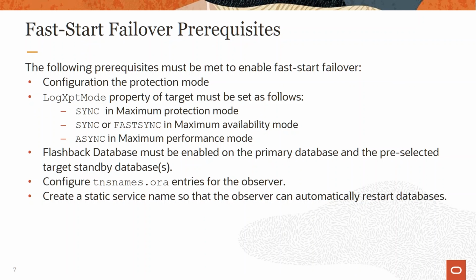One thing is, when you go with the maximum protection mode for fast start failover, you will have to have at least 2 standby databases. That's a requirement. And also, flashback database must be enabled on the primary database and the pre-selected target standby database. Because we discussed manual failover in the earlier lesson.